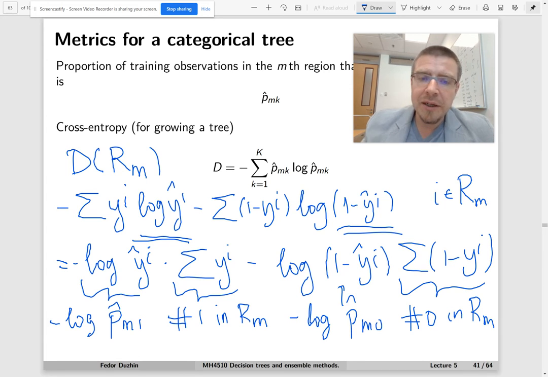So all the terms are here. The only difference is that here we have probabilities, and in the familiar cross entropy for logistic regression, we have a very similar sum, only instead of probabilities, we have numbers, the number of observations.